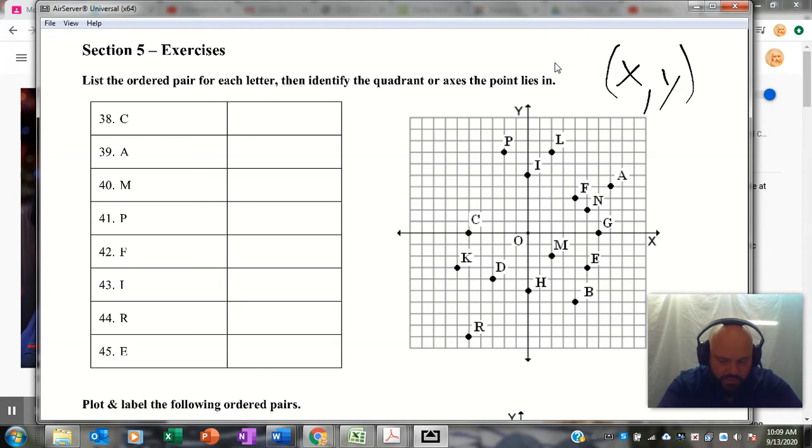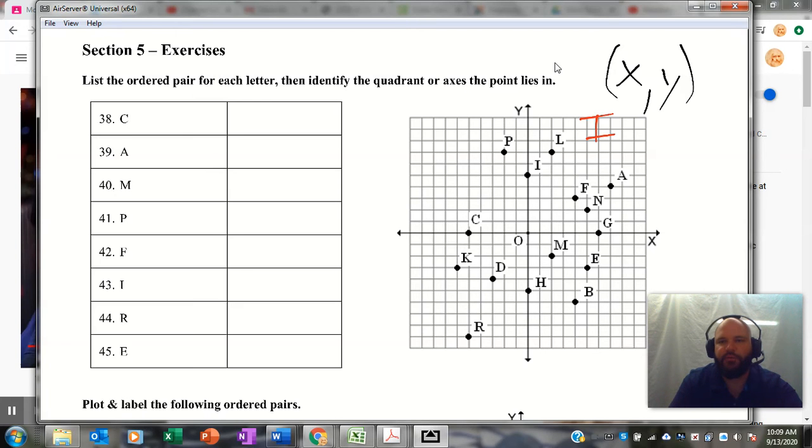You can see it says list the ordered pair for each letter, then identify the quadrant or axis the point lies in. Something else to keep in mind as you're looking over this: I'm going to draw a little thing here. Let me get a different color so it's a little easier for you to see.